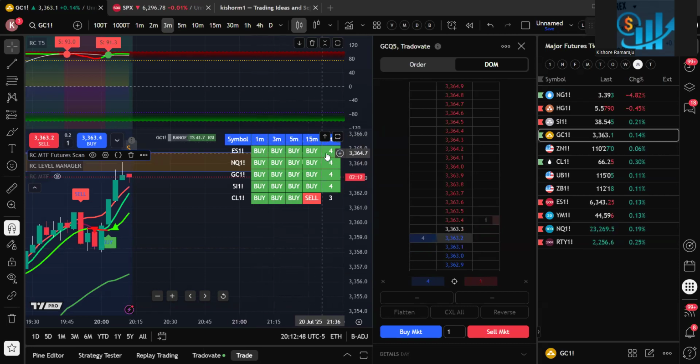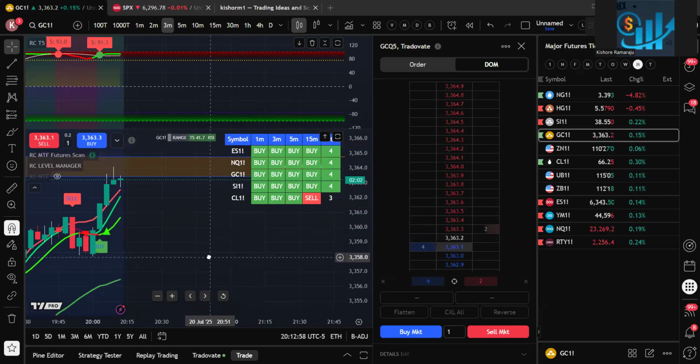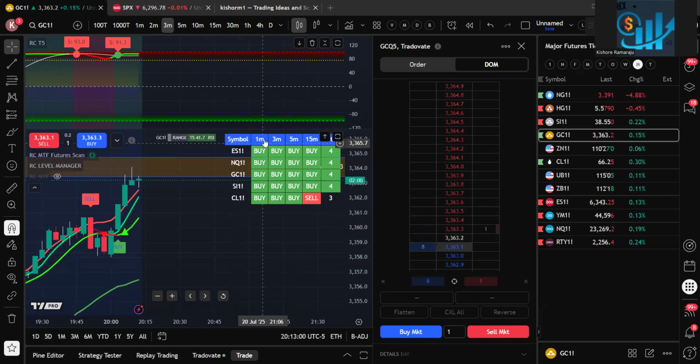Then if all of them are bullish, you can buy the stocks, you can buy the options like that for swing trading. But mainly for the prop firms, we'll only look at 1, 3, 5, 15. If the score is 4, we'll only wait for the buy signals. If the score is 0, then we'll only look for the sell opportunities.